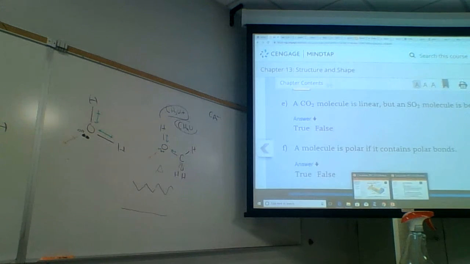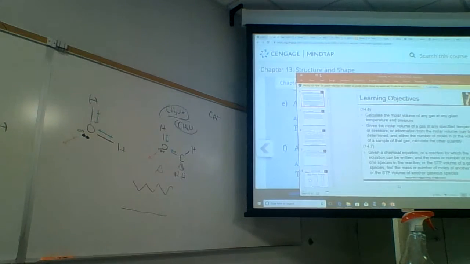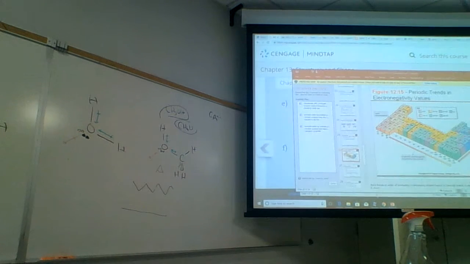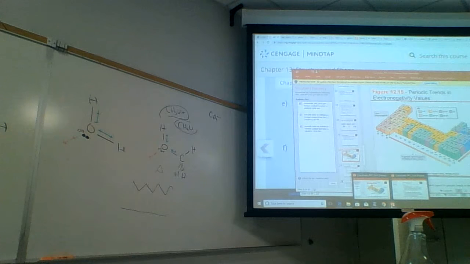The question was, what is the full Lewis structure, VSEPR, etc.? We use a simplified version of quantum mechanics to figure this out.